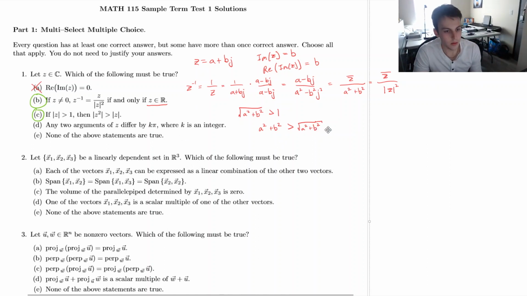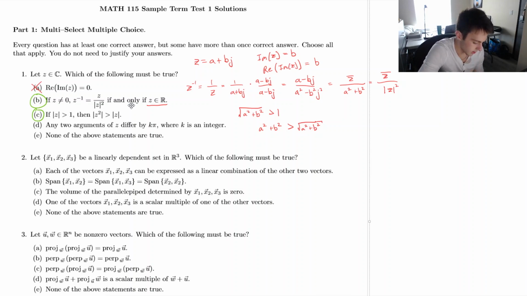So next question. If any two arguments of z differ by k pi, where k is an integer. This one's a little bit confusing. Let me do it off to the side here.